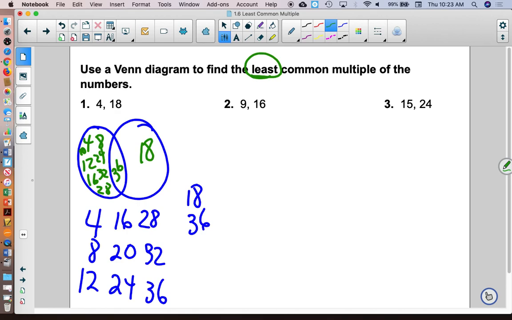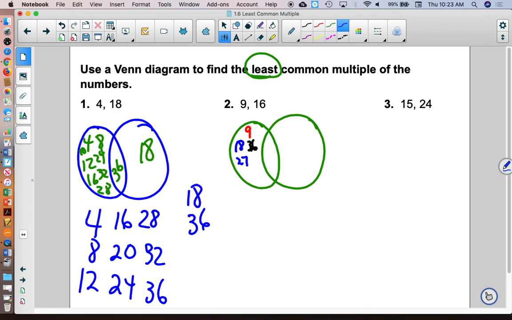9 and 16. Do a circle. Do 2 of them. We know we have 9, 18, 27, 36, 45, 54, 63. Let's stop for a minute.